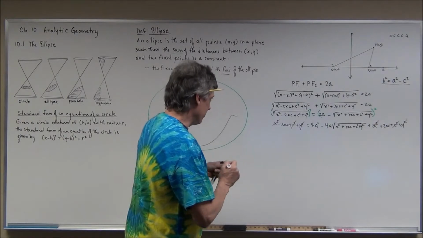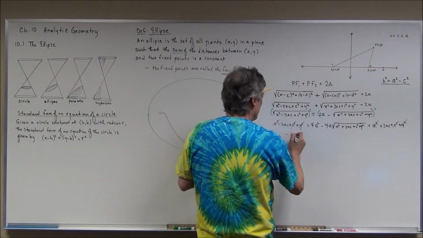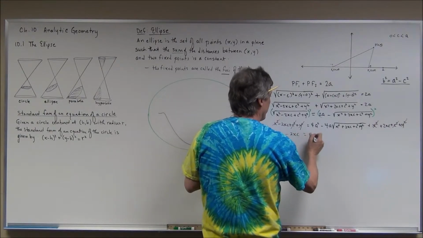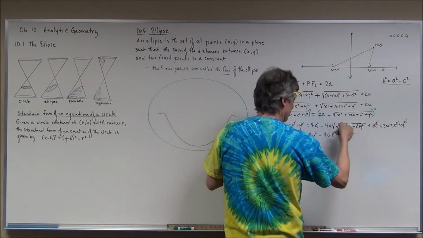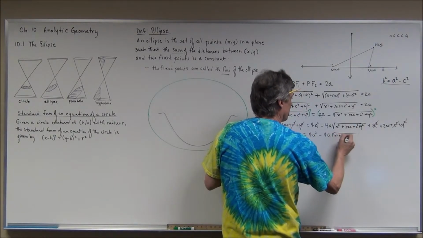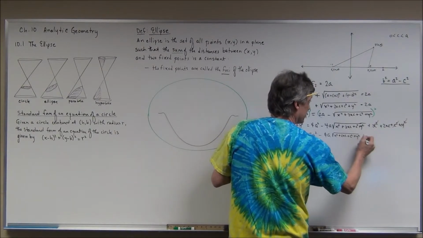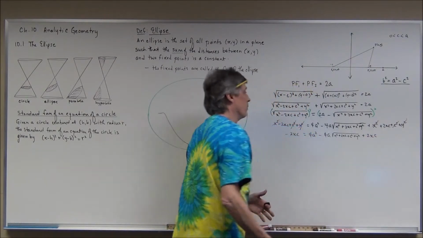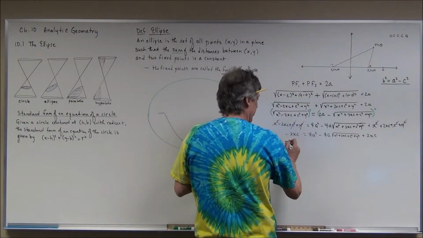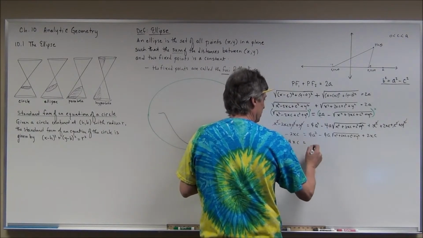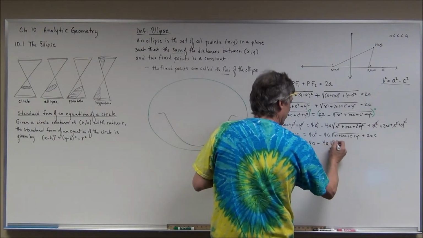All right, so that will give me, over here on the left, negative 2xc equals 4a squared minus 4a times the square root of x squared plus 2xc plus c squared plus y squared, plus 2xc. I'm going to subtract 2xc from both sides, so that would give me negative 4xc is equal to 4a squared minus 4a times this radical.